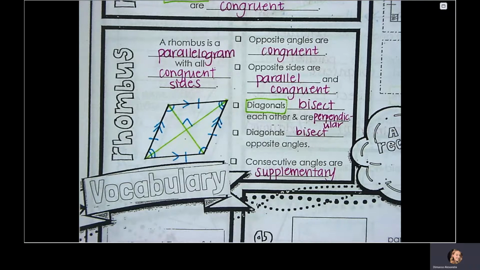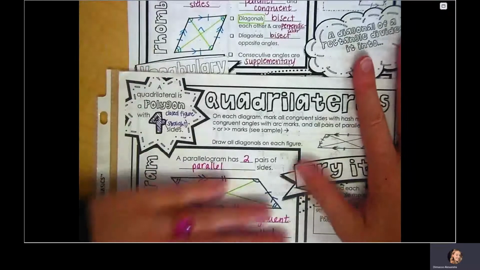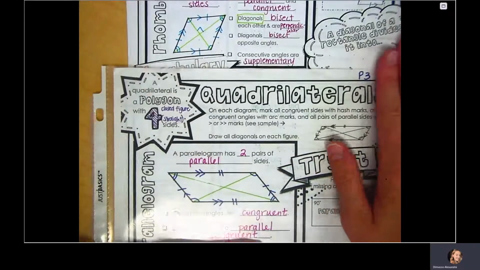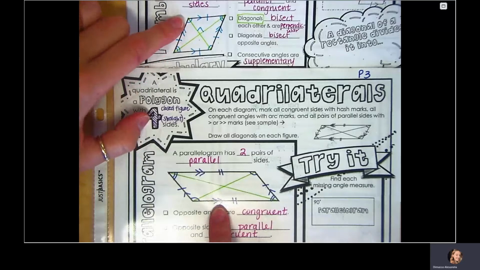So again, if we look at the picture between a rhombus and a parallelogram, kind of hard to see, but there really is only one big difference between these two. And what's the one big difference between a rhombus and a parallelogram?